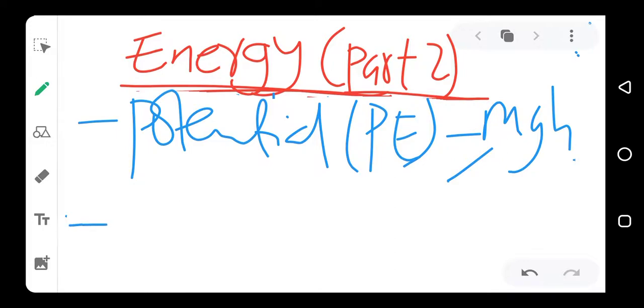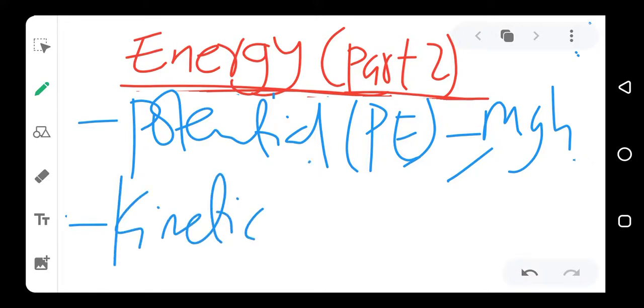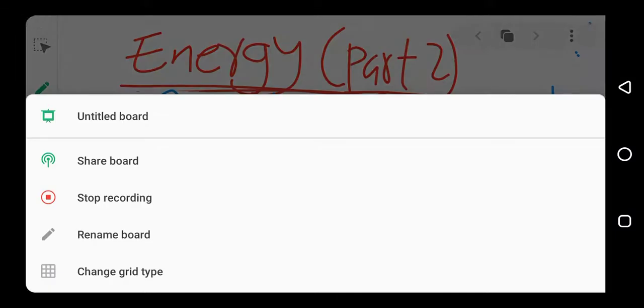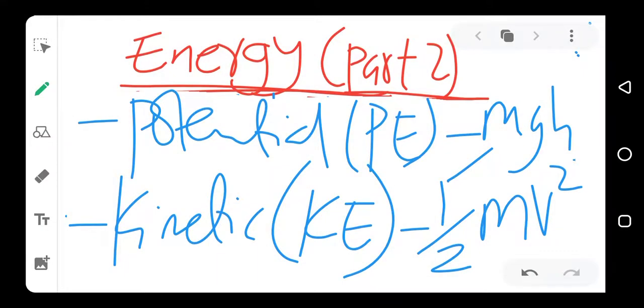Now we have another formula for calculating kinetic energy. For kinetic energy, which we can denote with Ke, the formula is half mv squared, where m is the mass of the object and v is the velocity of the object.